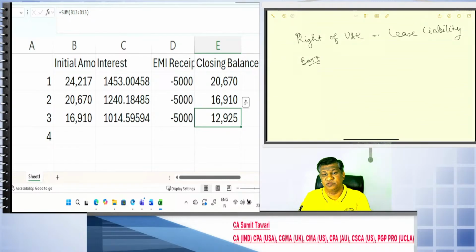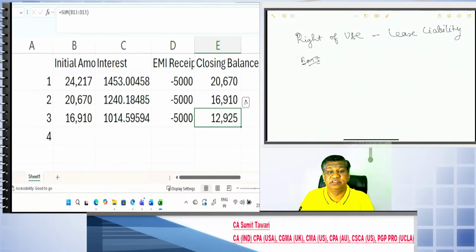I did the calculation properly; the wording was wrong. From the initial amount, I need to reduce the amount which is payable against the principal, and then show the closing balances. Clear with this? We will see an example. So lease liability and accumulated amortization of the ROU asset, we need to reduce it.